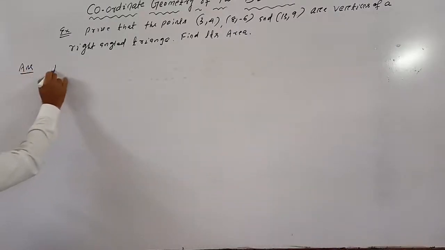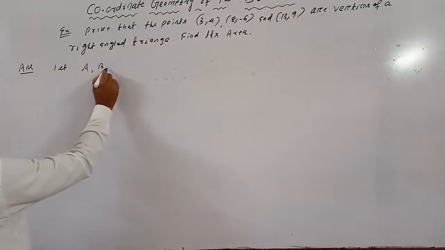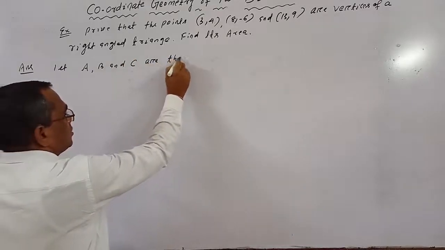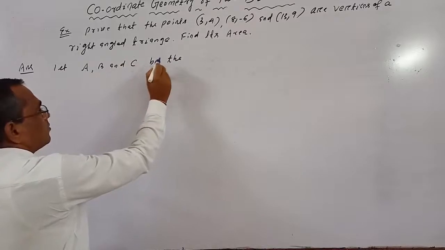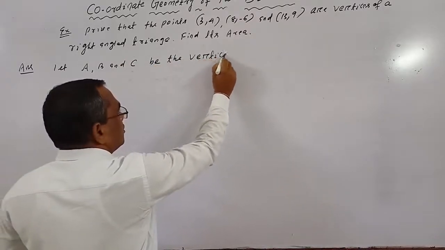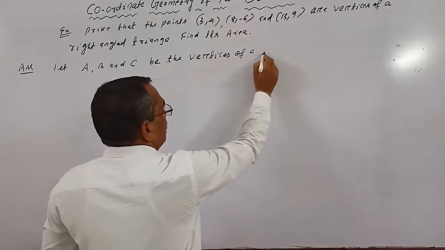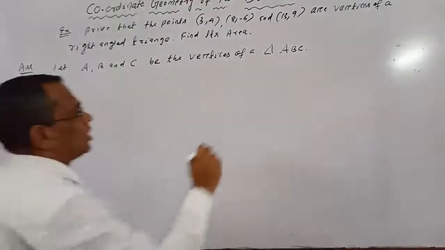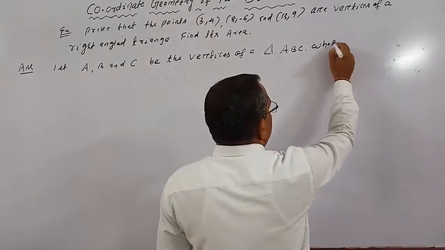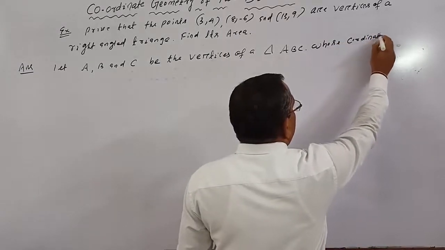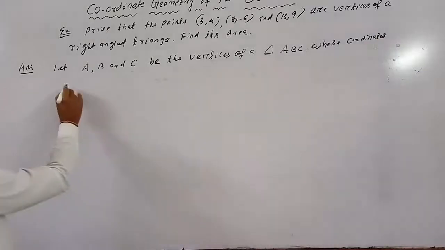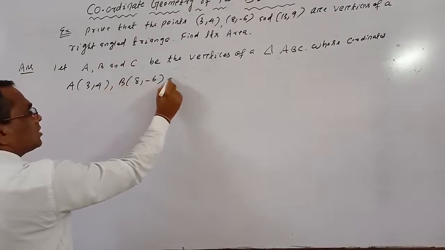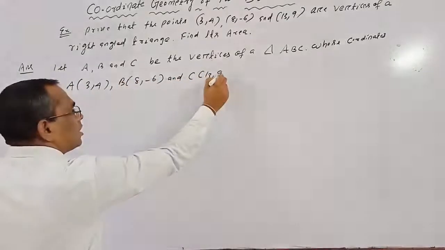Answer. Let A, B and C be the vertices of a triangle ABC, whose coordinates are A(3, 4), B(8, -6) and C(13, 9).